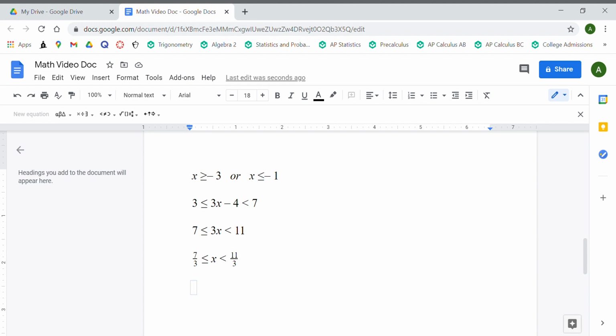Alright, how about I fool you a little bit. 4 is greater than or equal to negative x plus 2, which is greater than negative 2.